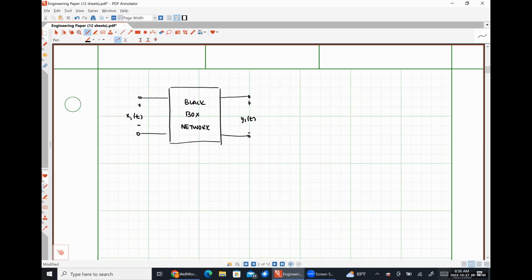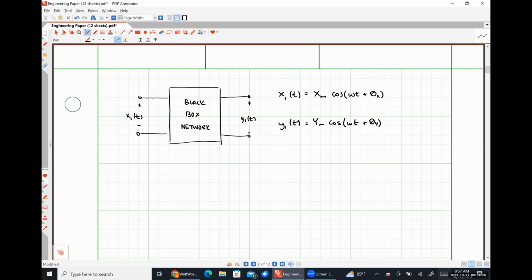The example problem that we just worked, we showed that for an input signal of the form Xm cosine omega t plus some phase angle theta x, we got out an output of the form Ym cosine omega t plus theta y.